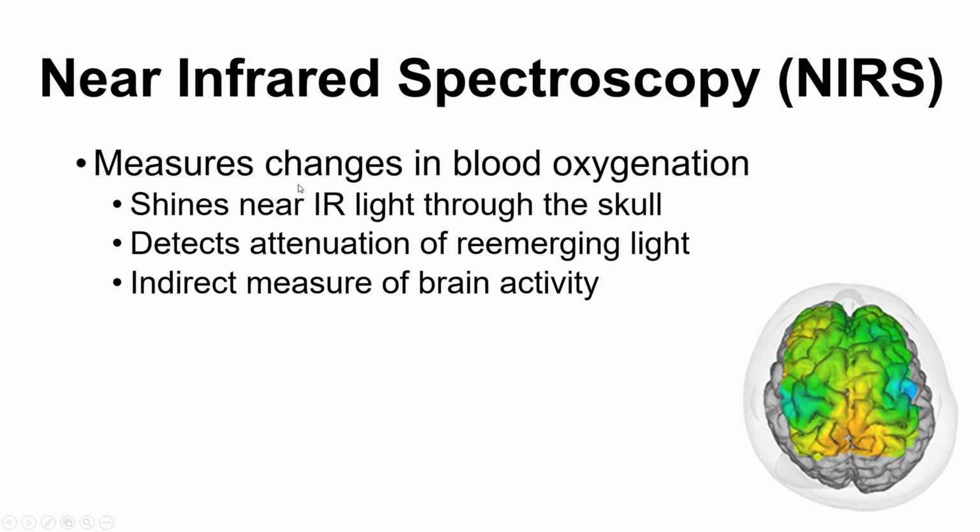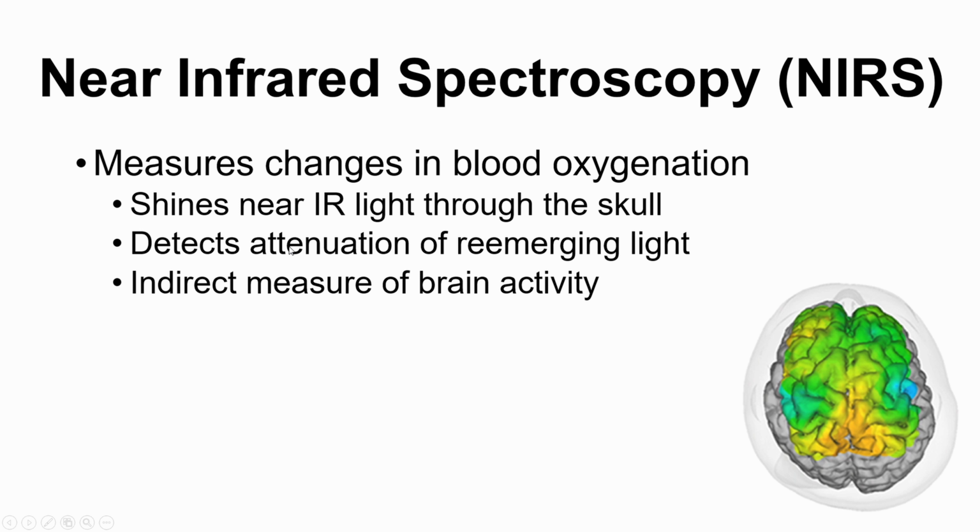And then the last one is near infrared spectroscopy, or NIRS. This is again looking at changes in blood oxygenation, as a stand-in for activity level, where more activity means we're going to use up more oxygen. But they do it by shining infrared light through the skull. So this isn't always done in a big machine, though it can be.